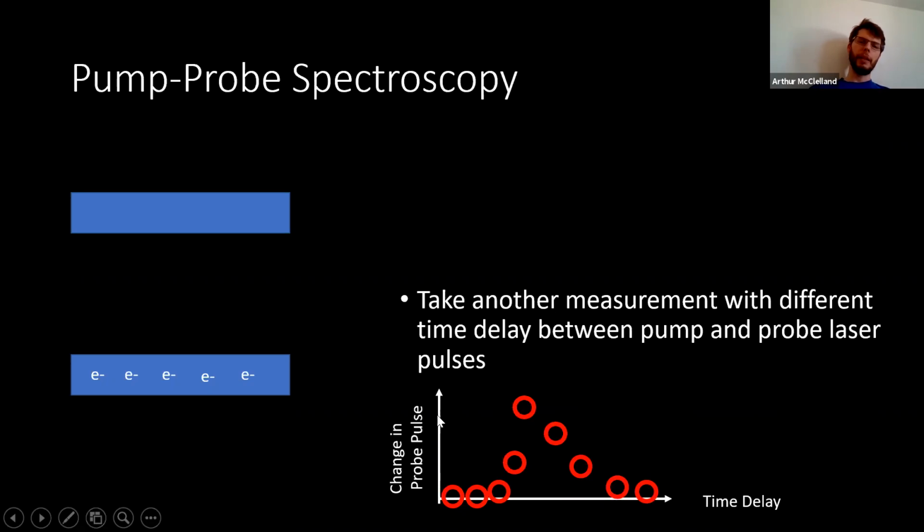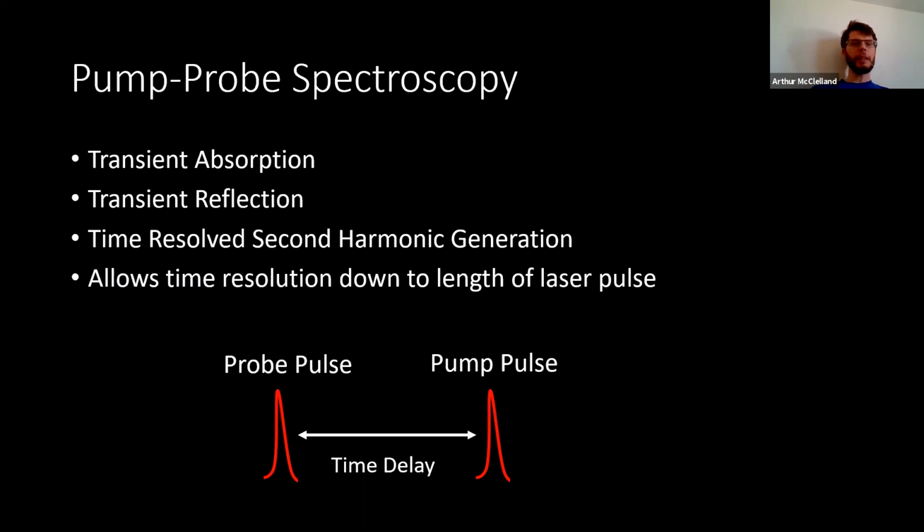So we can plot the change in the probe pulse versus the time delay, and we can monitor a number of different changes in the probe pulse depending exactly what we're trying to do. But this gets us down to the resolution of how long our laser pulses are.